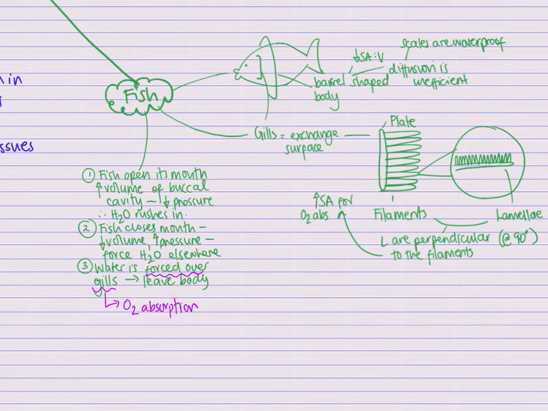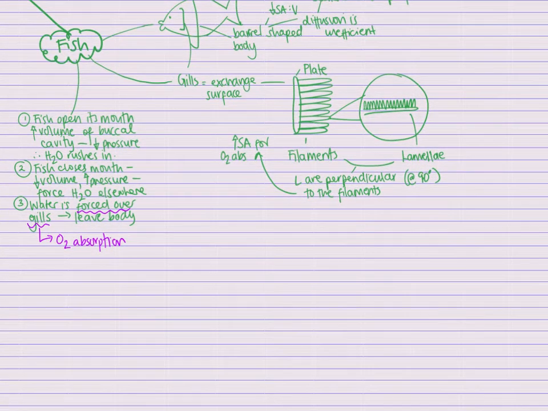And if you remember from the lessons, that oxygen is absorbed through countercurrent flow. And this is our final little bit of fishness. So countercurrent flow is where the water and the blood flow in opposite directions.